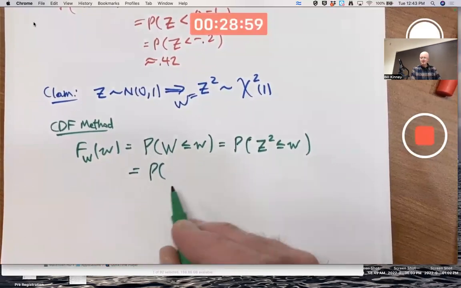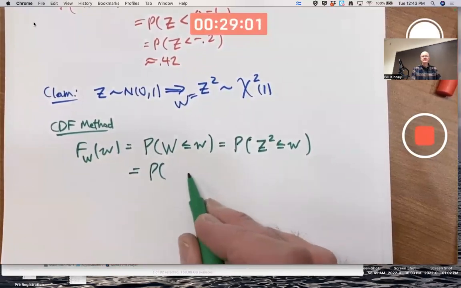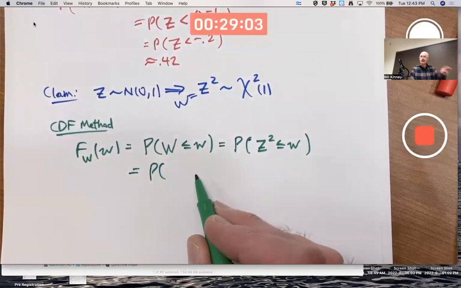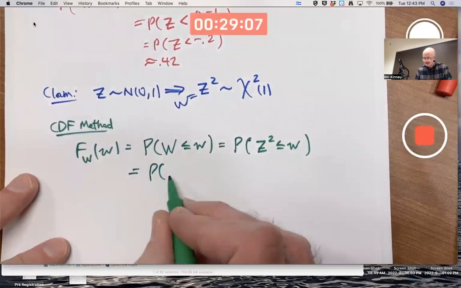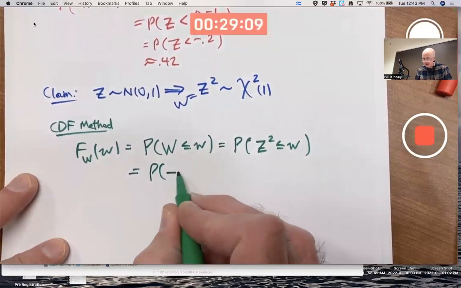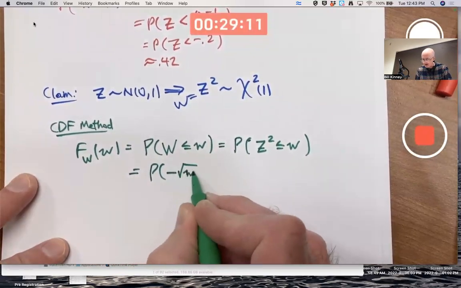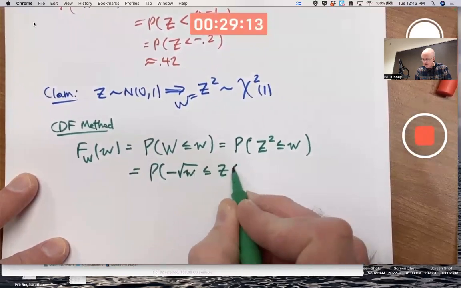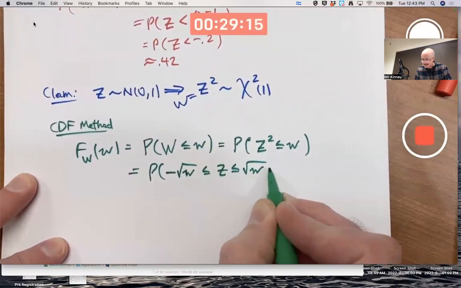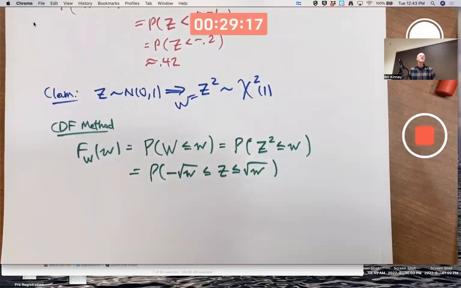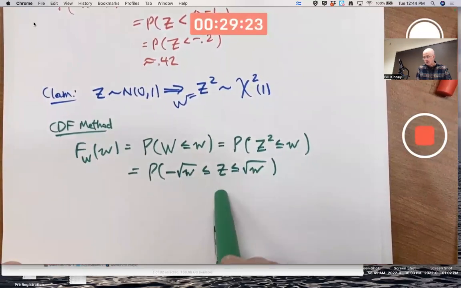So I don't say this is the same as the probability that z is less than or equal to the square root of w. I don't say that because z could be positive or negative. What it's equivalent to is that z would be between negative square root of w and positive square root of w. And I can also use the fact that the normal distribution is symmetric about 0.